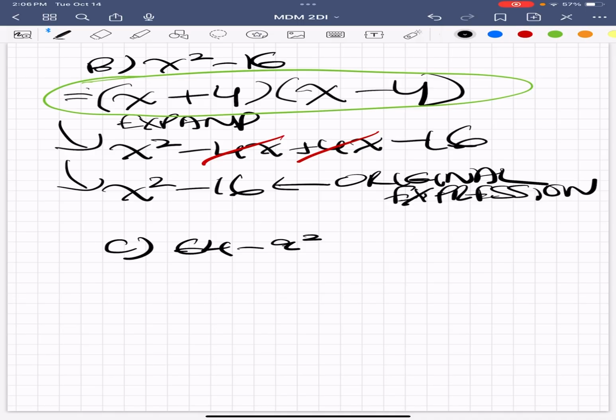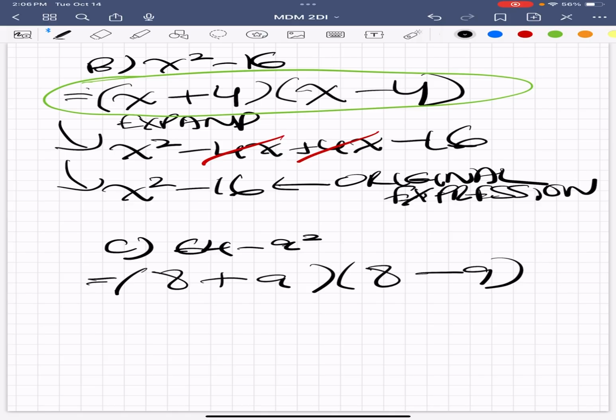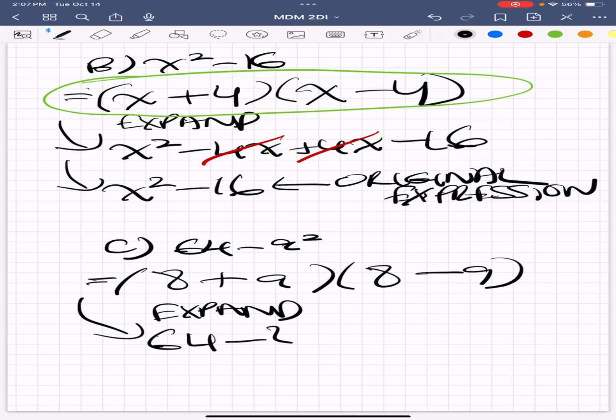Moving on. So we have brackets. We have a and a, 8 plus a and 8 minus a. And then we are going to expand. We have 64, and we have minus 8a plus 8a minus a squared.